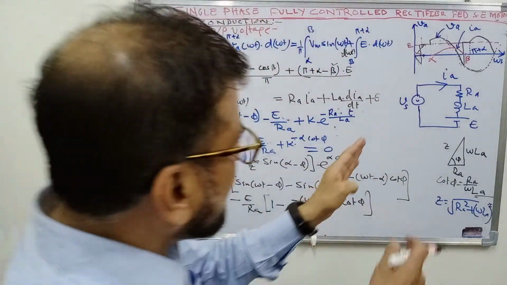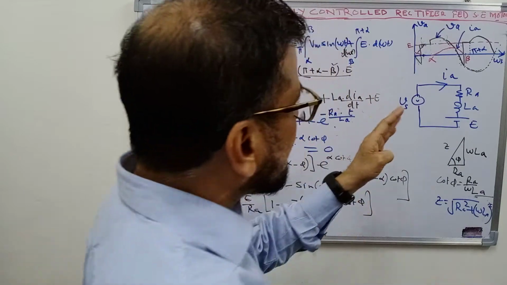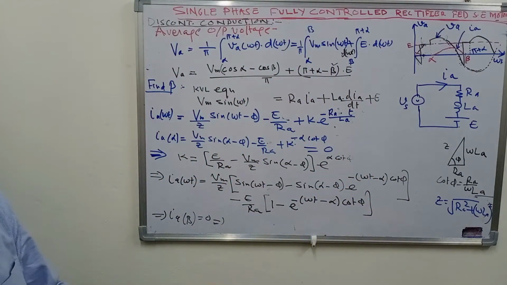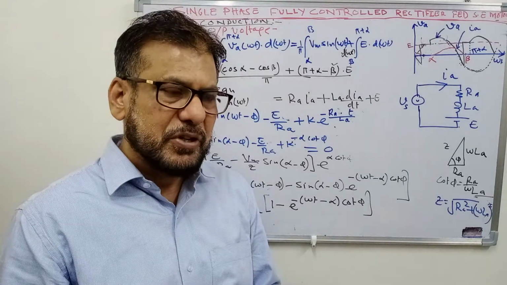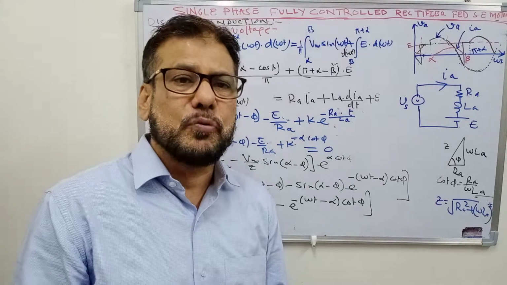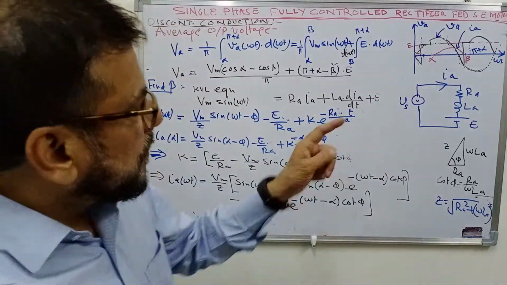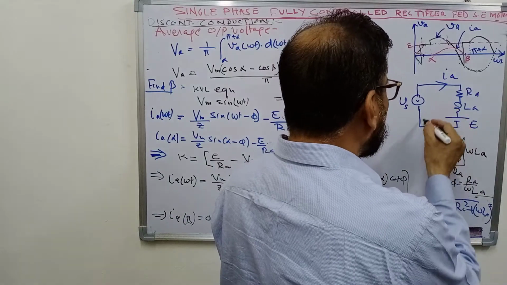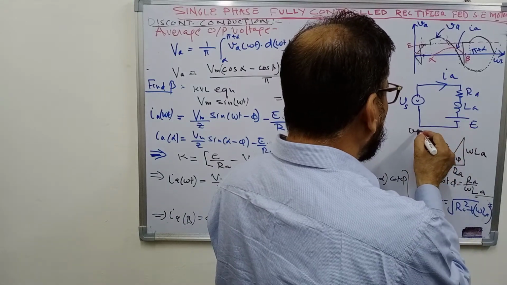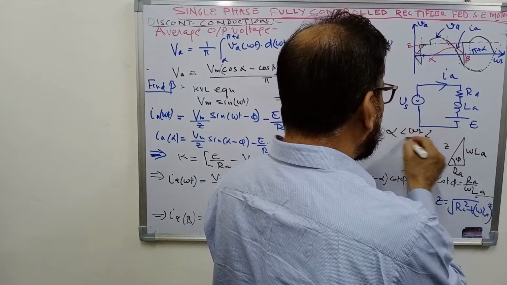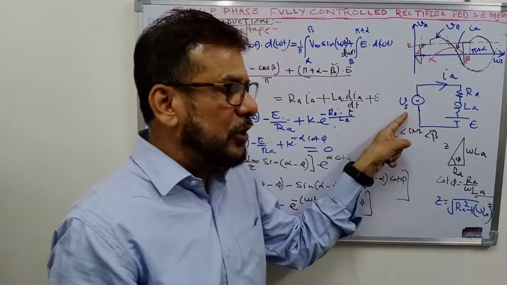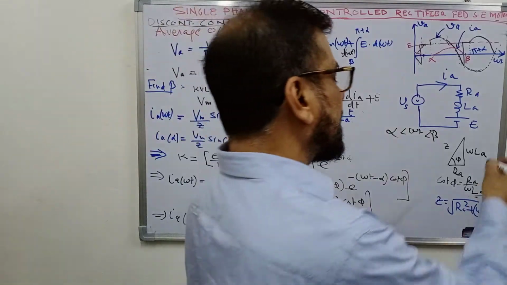During this interval, what is the voltage across the motor? It is equal to Vm sin omega t. So you have to write the KVL equation, solve it, and find the equation of Ia in terms of omega t. For omega t between alpha and beta, the voltage is equal to Vs, that is Vm sin omega t, and this voltage appears across the motor.